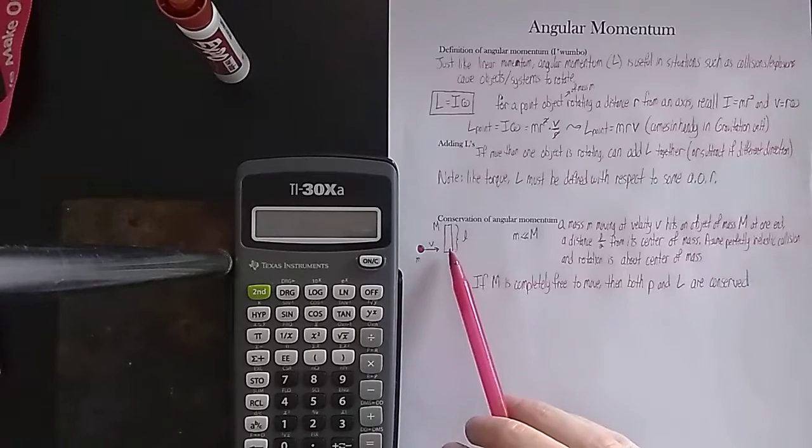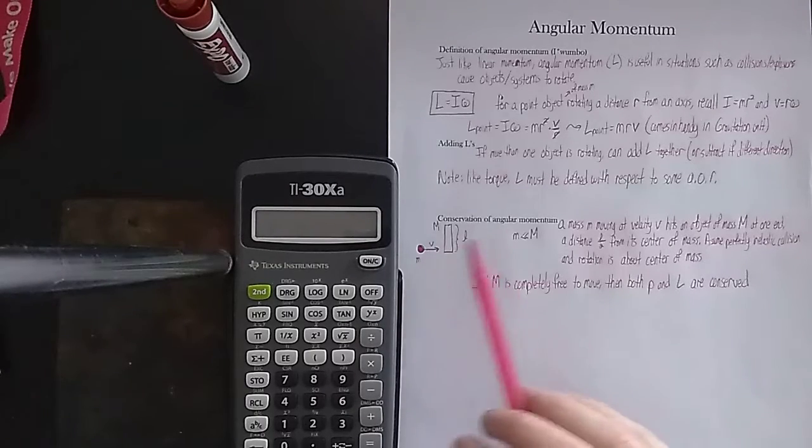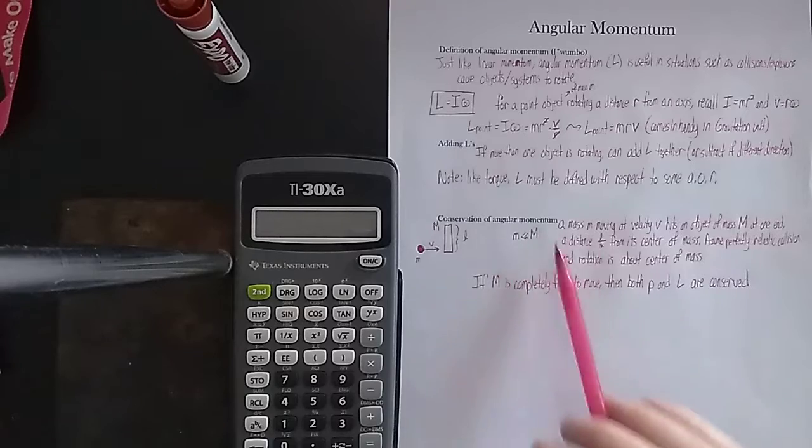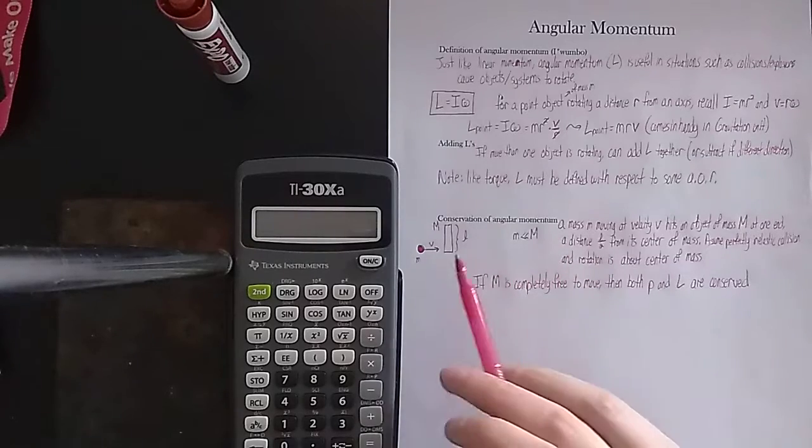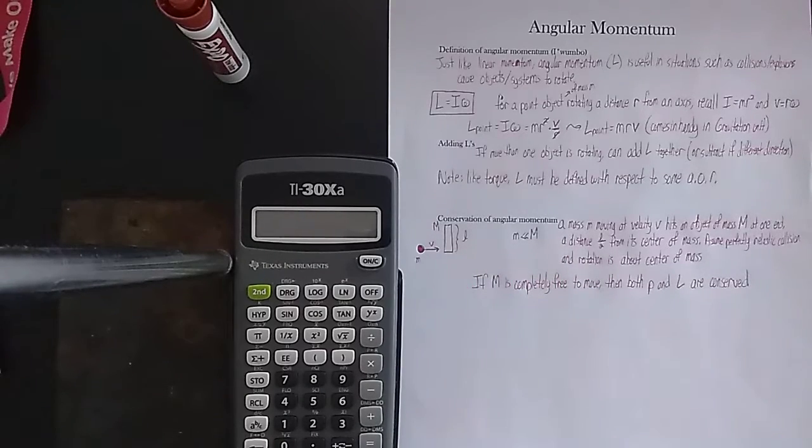Now, once this hits and sticks, obviously this is going to be a pretty complex motion. It's going to be spinning around and moving to the side. Different parts of this system are going to be moving at different speeds at different points in time.